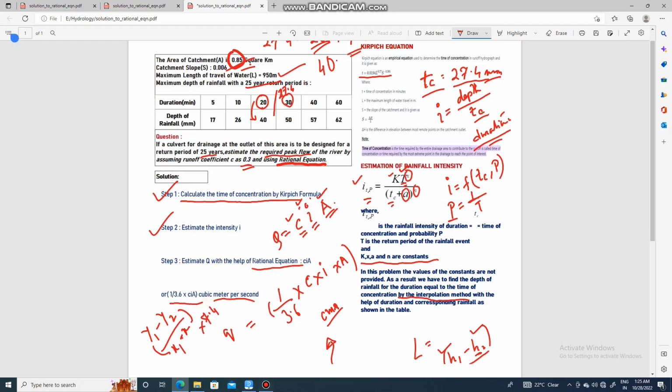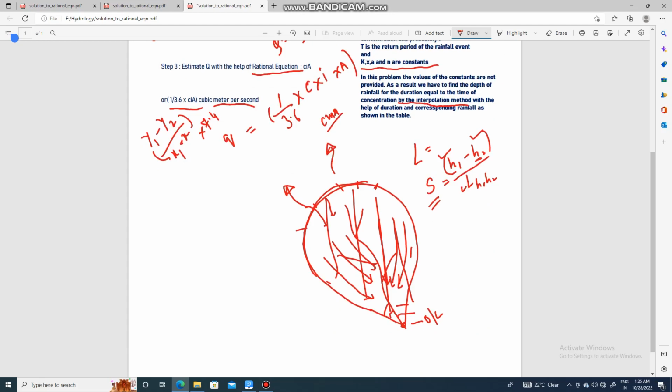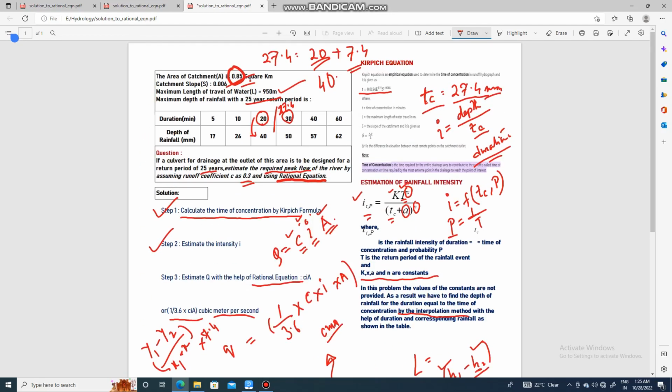So y1 minus y2 here: this is the highest point y1, and this is the lowest point y2, and similarly x1 is the highest point and x2 the lowest.